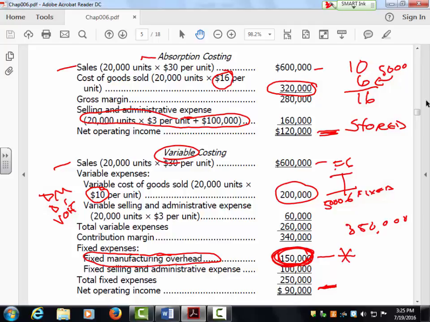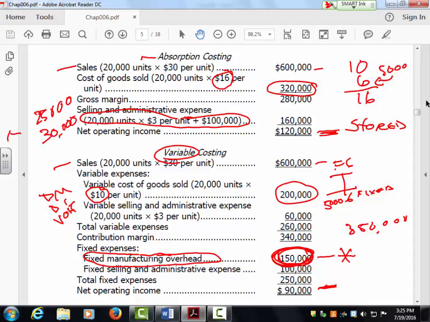Now here's the reason. The variable costing method does not allow managers to manipulate net income. By overproducing, with that 150,000 instead of being divided over 25,000 units, what if we made 30,000 units?